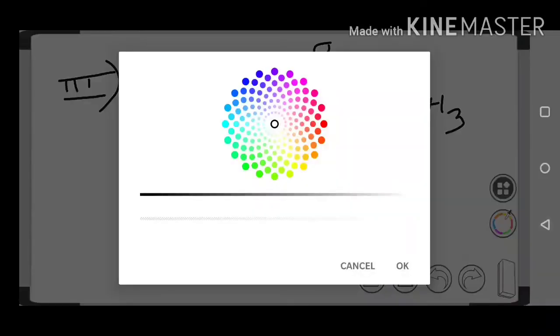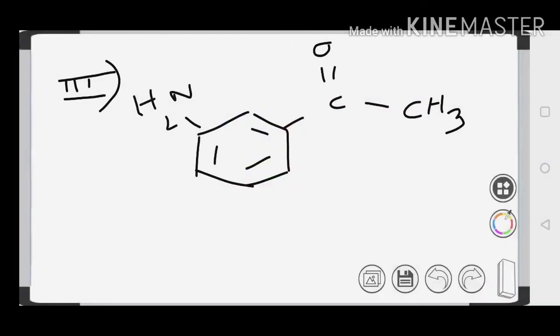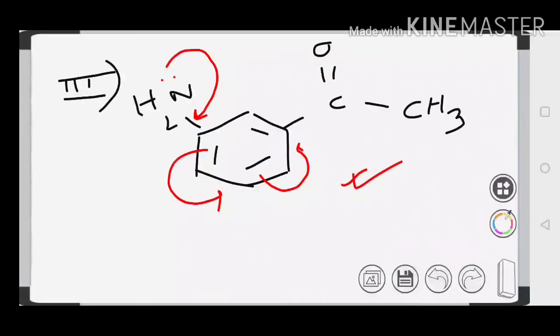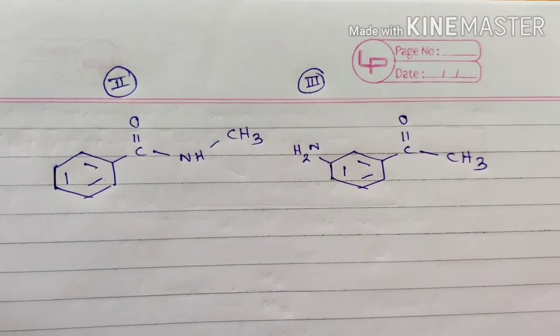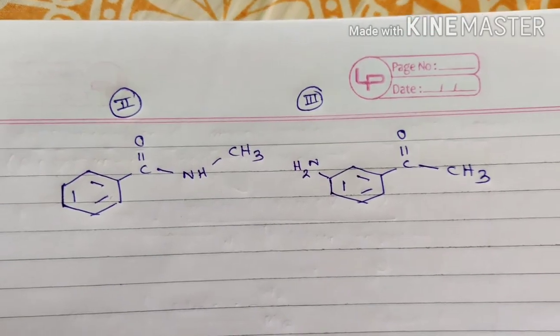Now, since the nitrogen has a lone pair, it can be donated to the ring and the electrons will be circulated. So here also the electrons available for donation will not be huge because it will be donated within the ring. Now let us see. The main question is now, among these 2 and 3, which one should be the stronger base?